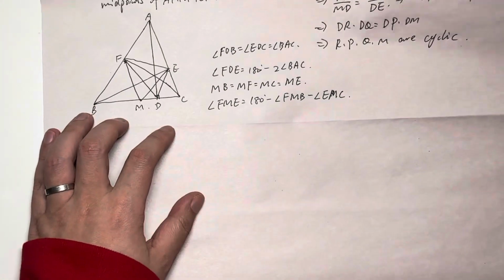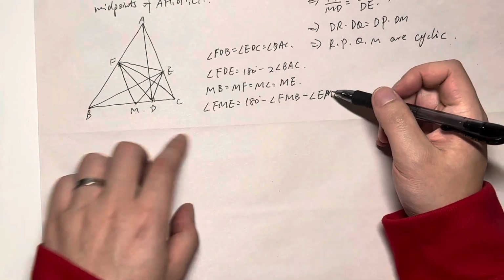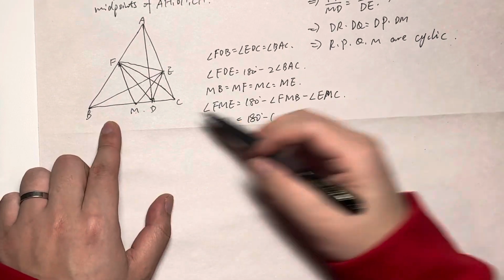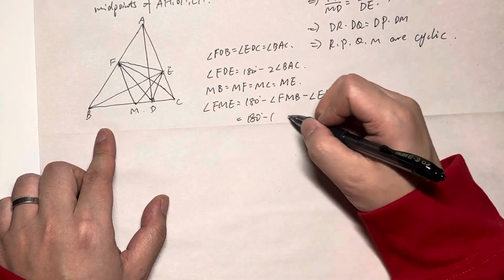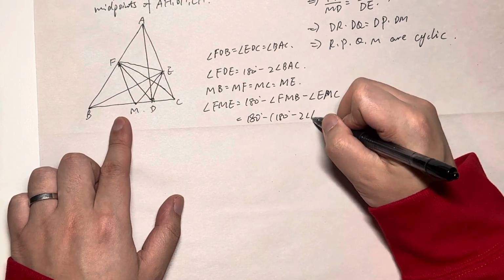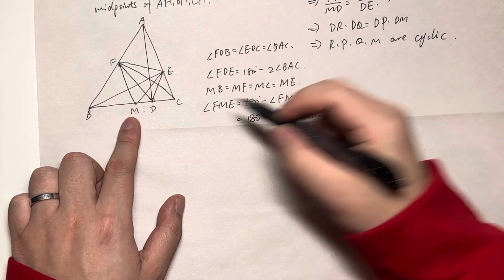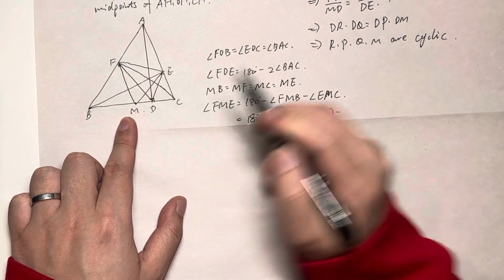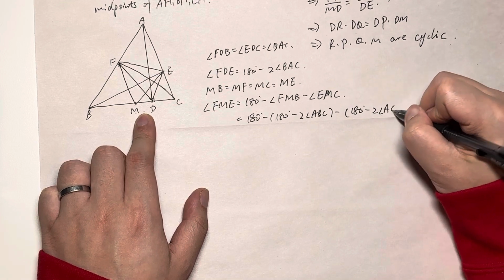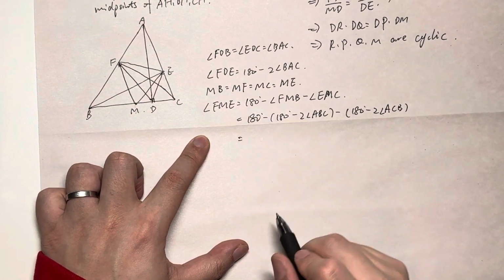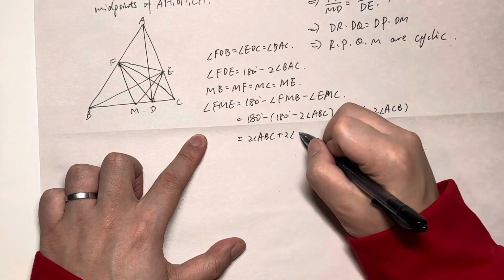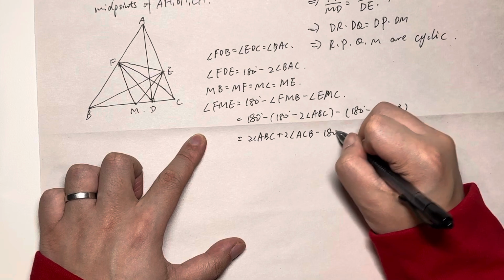So this is true, and it equals to 180 degrees minus, what is angle FMB? FMB is 180 degrees minus twice of angle ABC. And what is angle EMC? That is 180 degrees minus twice of angle ACB, right? So it equals to twice of angle ABC plus twice of angle ACB minus 180 degrees.